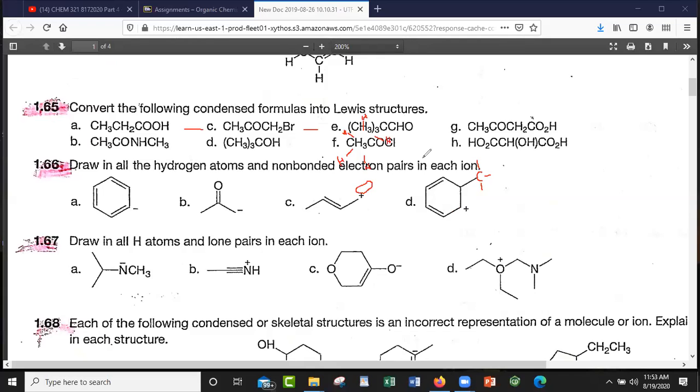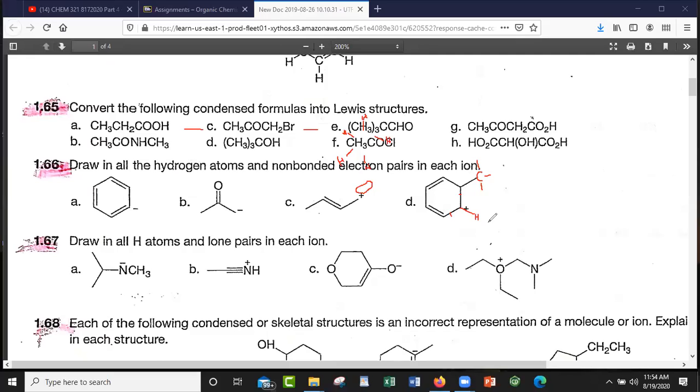Does that make sense? If you have a carbon that's positive, how many bonds does it have? 3 bonds. So you see the 2 carbon-carbon bonds to it right here and here, right? So the 3rd bond by default is hydrogen.